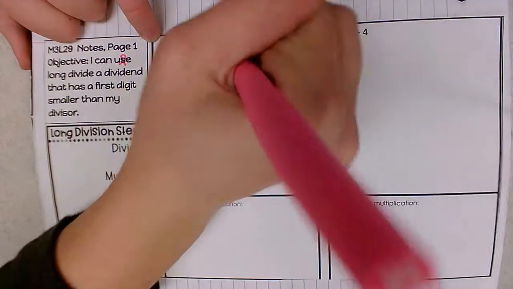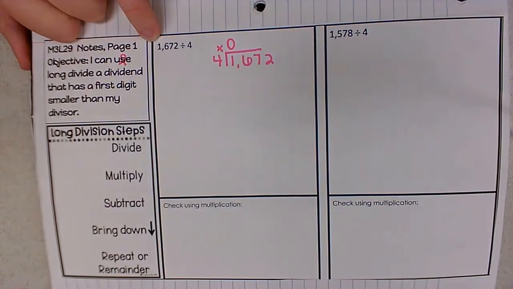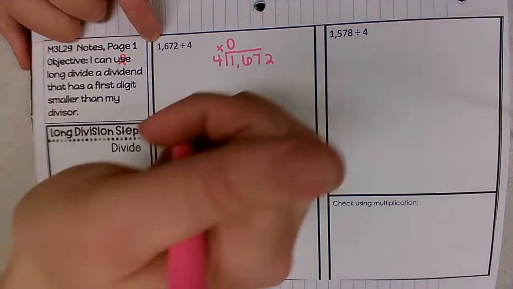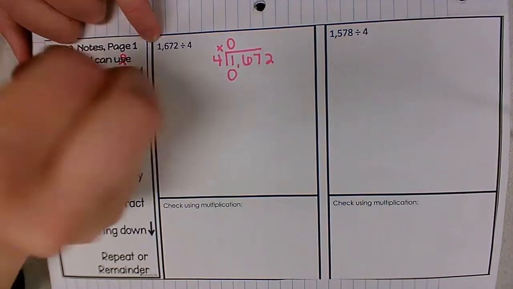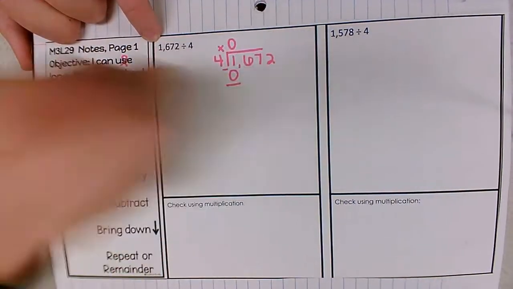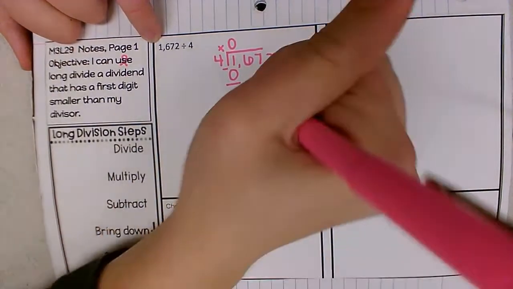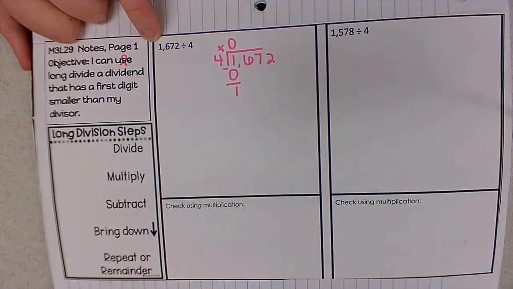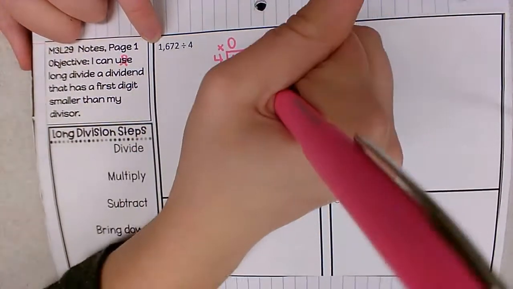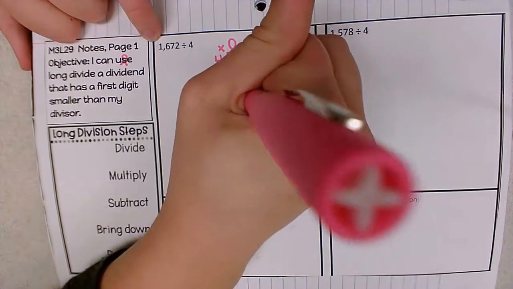Divide, multiply. I'm going to keep going with my steps. 0 times 4 is, well, 0. Divide, multiply, and subtract. 1 minus 0 is 1. Bring it on down and bring it on back.